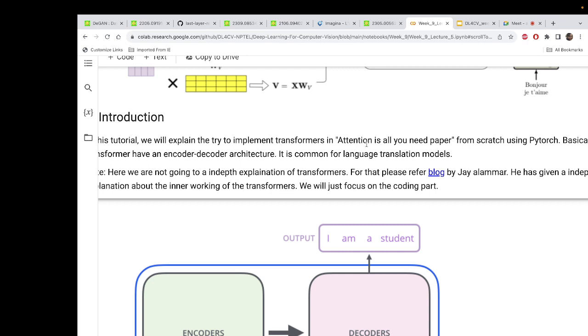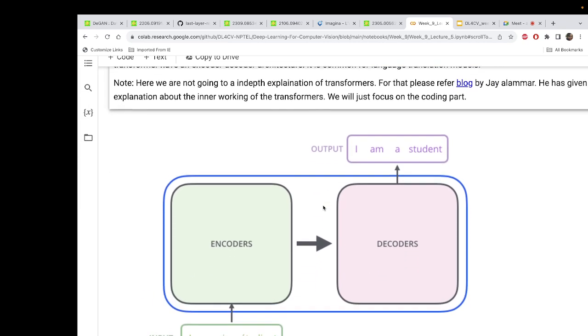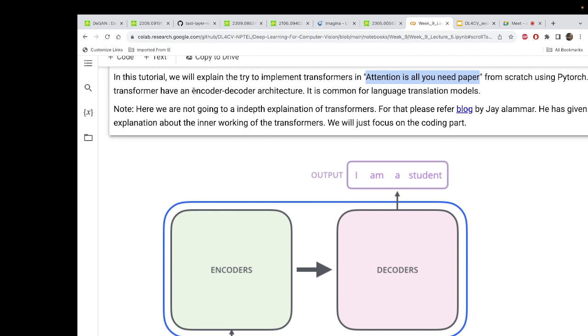Attention Is All You Need is basically the father of transformers. This is what introduced transformers to the world. So this entire paper is implemented from scratch in this particular code base, and this is meant for the encoder decoder architecture.